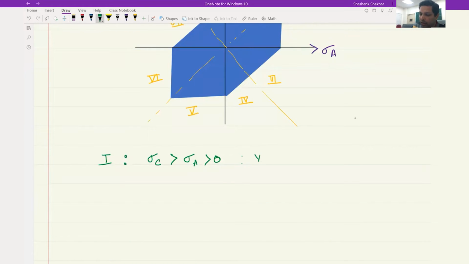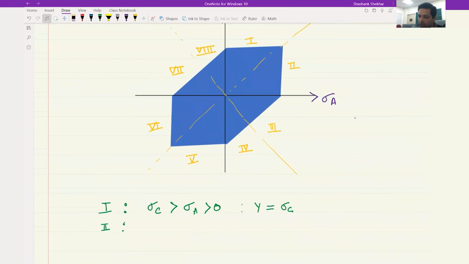Therefore, the yield strength in this one would be constant, which will be equal to sigma c. Before I go to zone 2, now if sigma c is equal to y, which is a constant, therefore what we have is a form like this. So this is how the profile would look like. This is a straight line, horizontal line parallel to the x-axis.